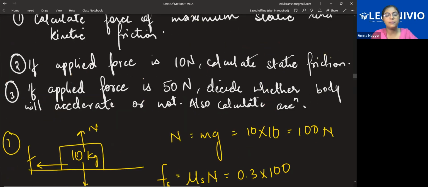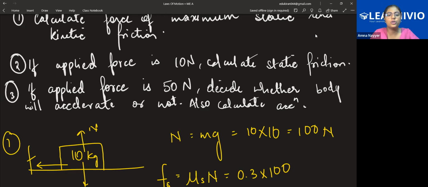Fine. Third part, if applied force is 50 Newton, you have to decide whether the body will accelerate or not. And if it will accelerate, then you have to tell the acceleration. See class, in such cases, whenever you have the applied force and you have to decide whether the body will accelerate or not, what you have to do?